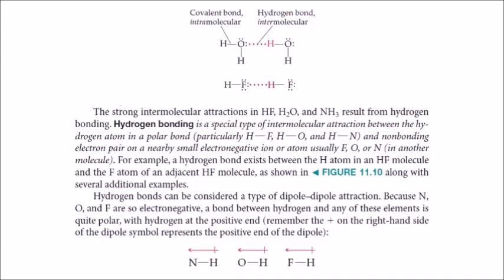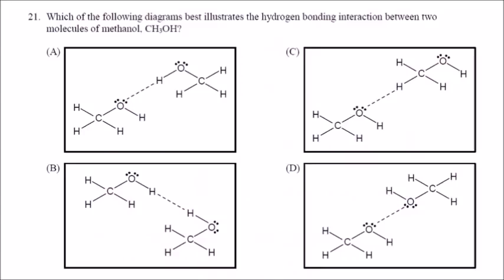So we definitely have a hydrogen directly attached to an oxygen on the molecule methanol. The problem with choice B and the problem with choice D is that we don't have opposite atoms. We have either 2 hydrogens or 2 oxygens.